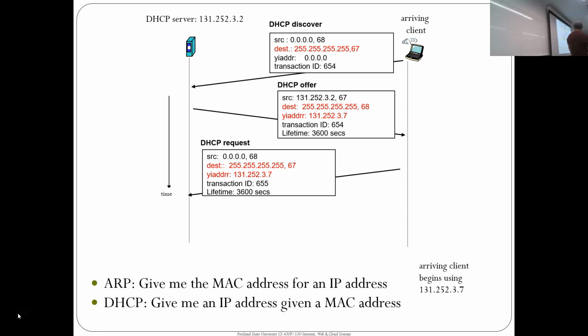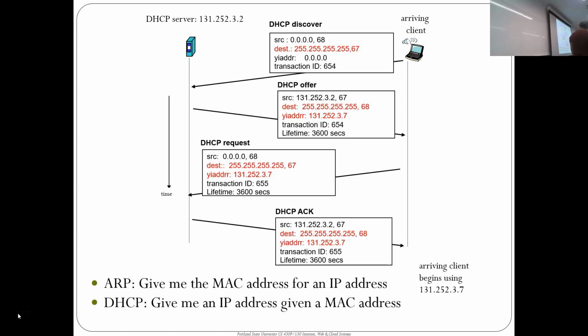So you say DHCP request the IP address, 3.7, and then finally the DHCP server says, okay, you get that IP address, you can begin using it, and while I'm at it, I'm going to give you a whole bunch of other information that lets you operate on my network. So inevitably, this is what all of your laptops right now have already done for that base station up there in that corner.